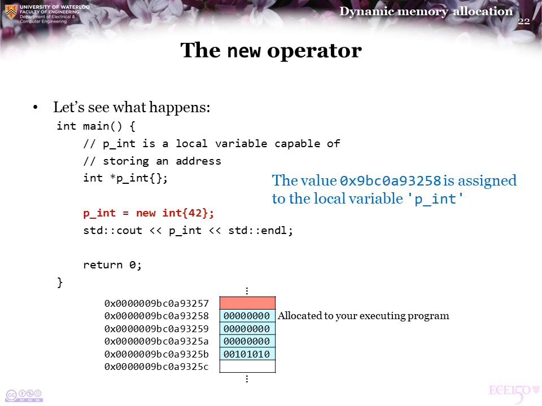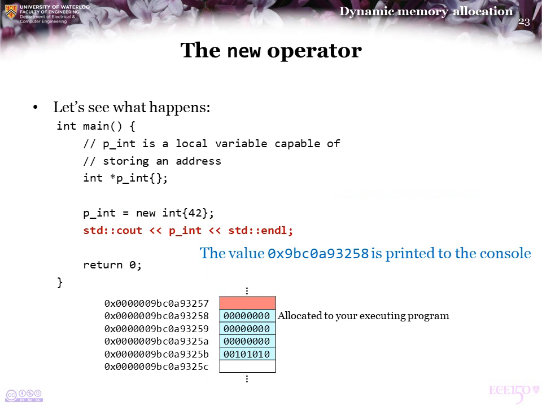The value of that address is now returned by the new operator, and it is assigned to the local variable p_int. When we now print this variable, that address is printed to the console.